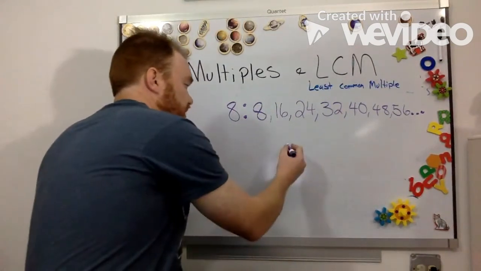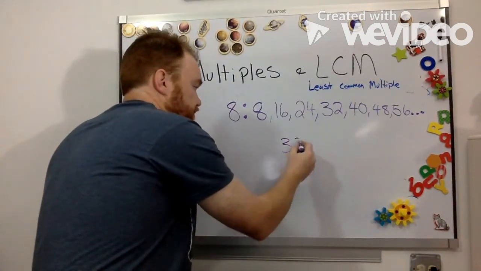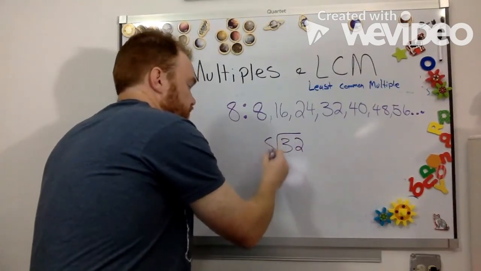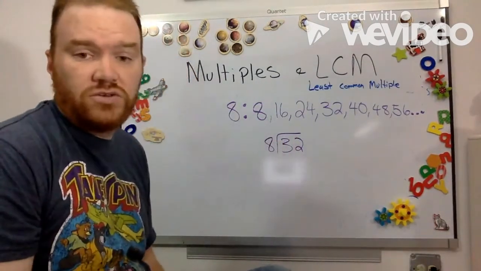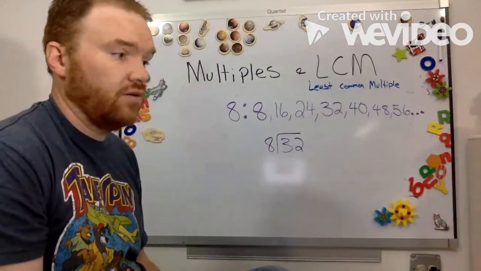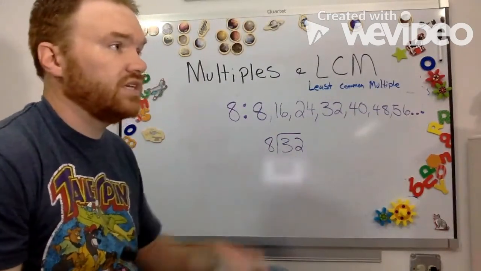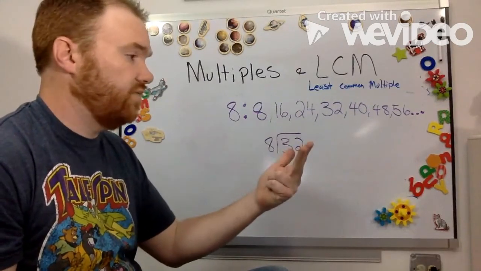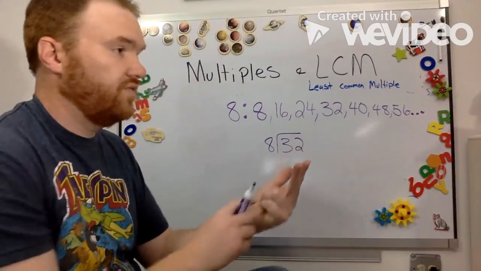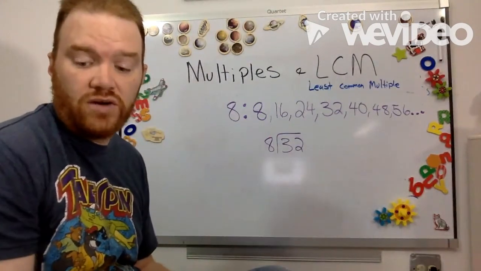Well, you can always go ahead and divide it out. 32 divided by 8. 8 goes into 32. Let's see, 8, 16, 24, 24 plus 8 gives me 32. So I go ahead and check that.